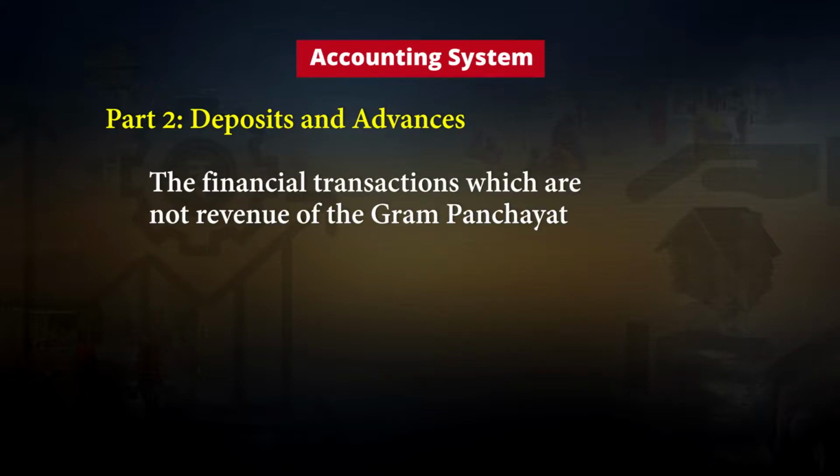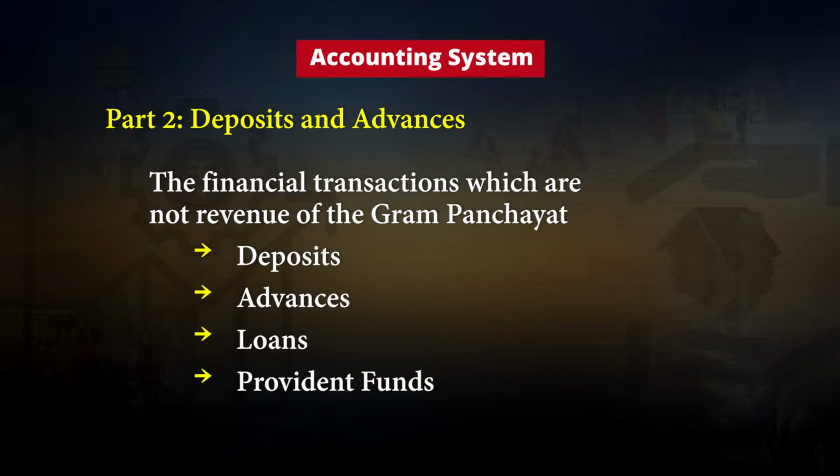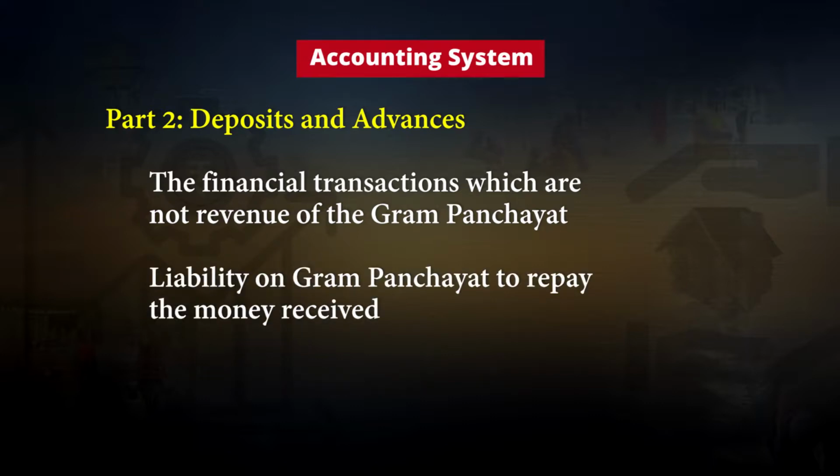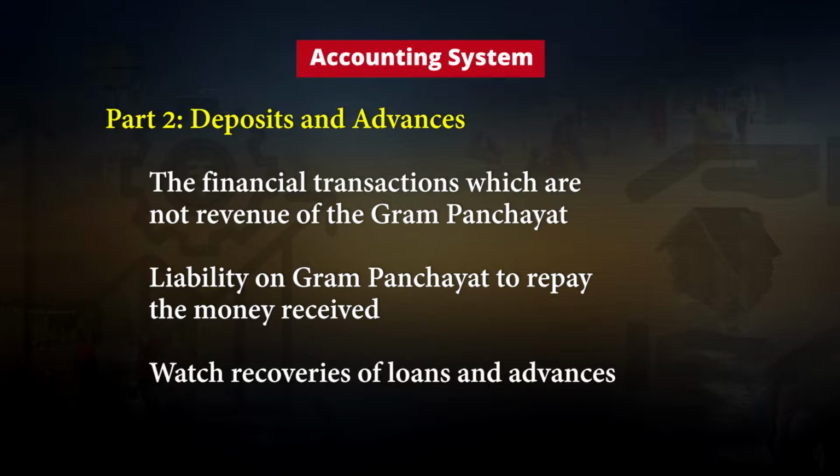Part 2 deals with the financial transactions which are not revenue of the Gram Panchayat, such as deposits, advances, loans, provident funds, etc. These transactions create a liability on the Gram Panchayat to repay the money received or to recover the amounts paid, and the Gram Panchayat watches recoveries of loans and advances through separate registers. This was all about the accounting system, how Gram Panchayat accounts and budget are kept.